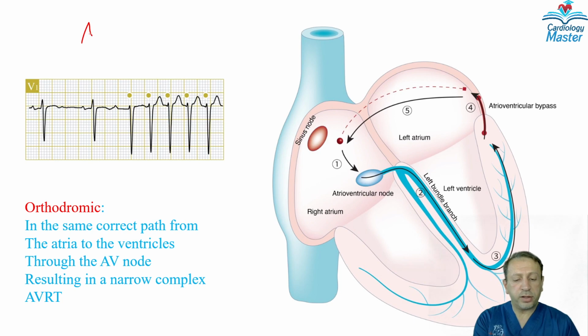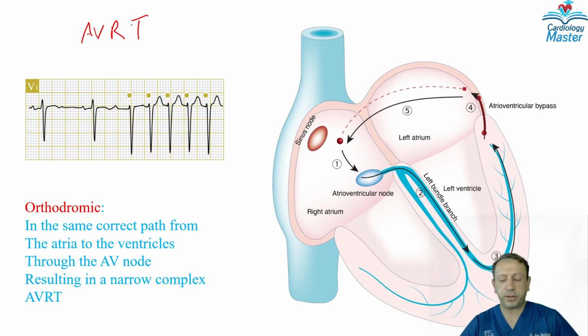The AVRT has two types. It is a re-entry tachycardia. First of all, let's explain what atrioventricular means. It's not within the AV node itself, and it's not within the sinoatrial node itself.